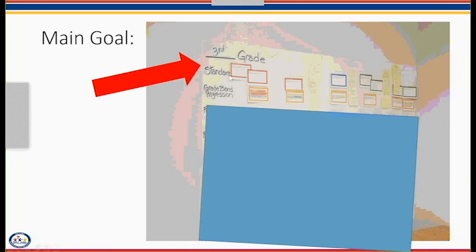So for example, in this physical science part, this would be 1 unit, and they would try to find 4 or 5 lessons to make that unit. This is a second unit, third, fourth, and fifth unit that they would do in the school year.